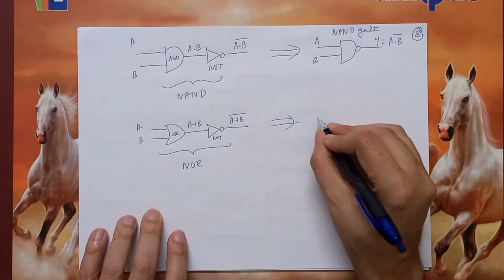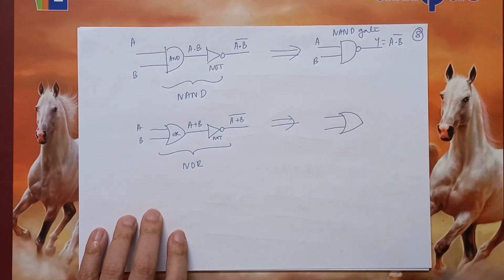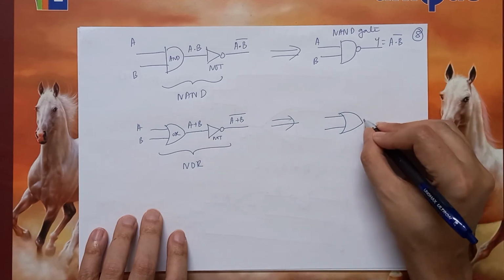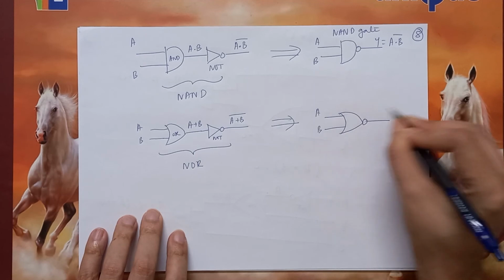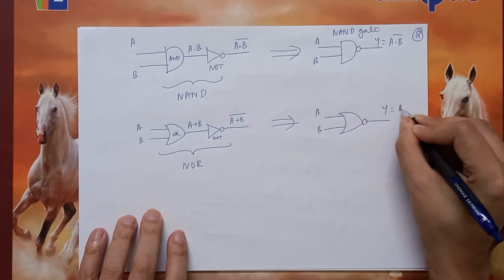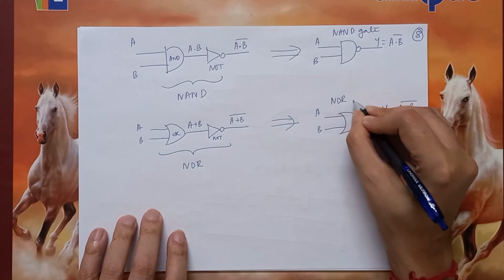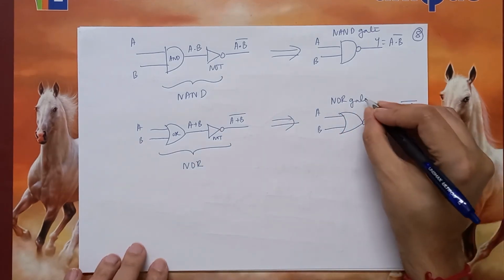Likewise, we can also represent something called a NOR gate. You take the symbol of OR and the bubble from the NOT and put it over here. You have A and B, whose output is A plus B, the whole bar, and this is the NOR gate.